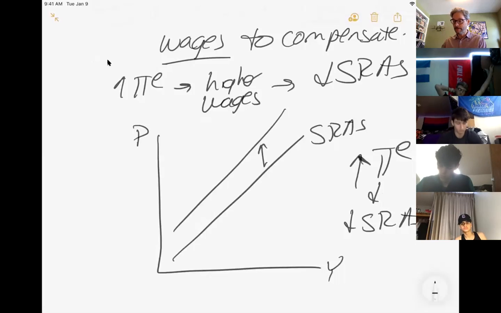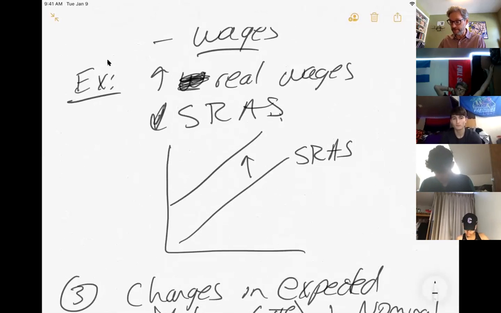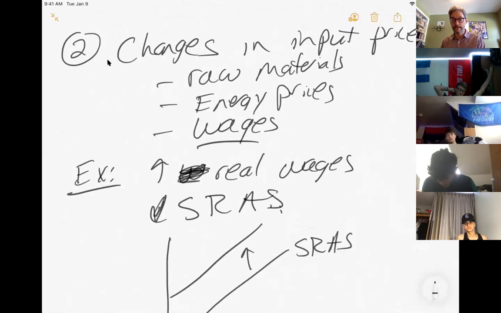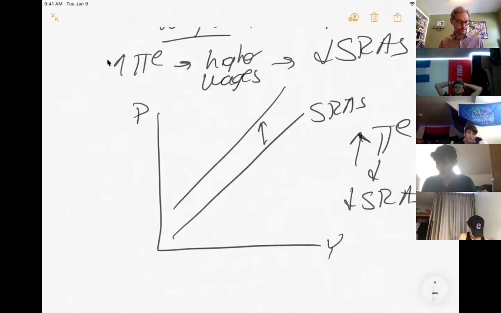Why? Because it changes wages, and wages are an important input into production. So when expected inflation goes up, wages go up, that's an increase in the price of production, and so short run aggregate supply shifts to the left.